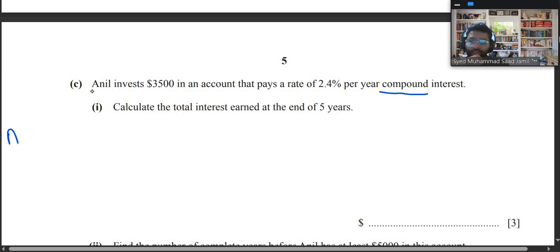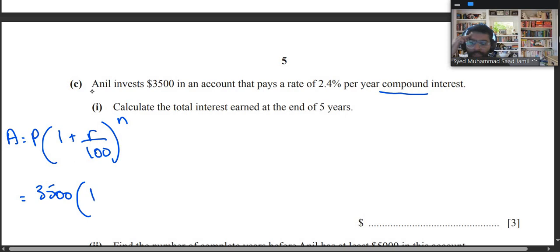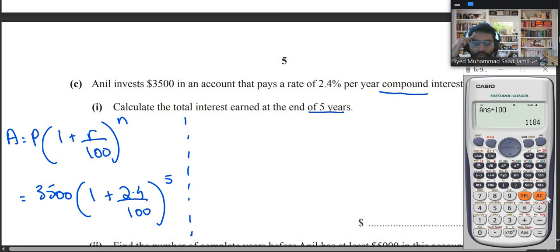It is A is equals to principal multiplied by 1 plus R upon 100 raised to power n.